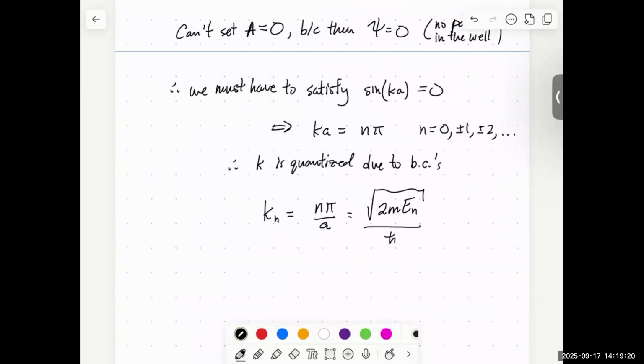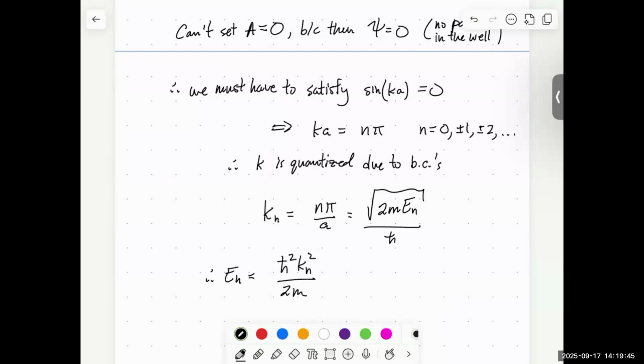And so let's go ahead and solve for the energy. E_n is going to be h bar k, and then we have to square it, so we get h bar squared k squared, and then we divide by 2m.